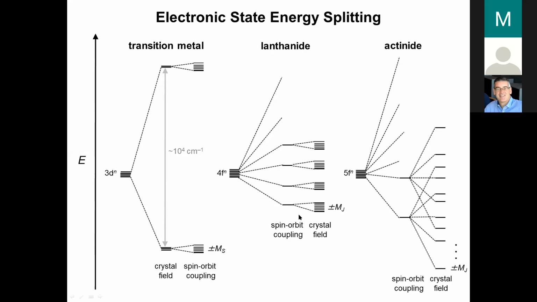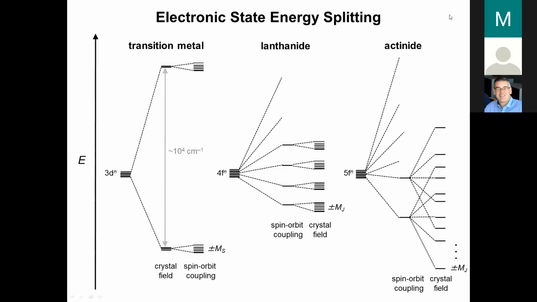As we move from 4f lanthanides to 5f actinides, the nuclei are even larger, which means that the spin orbit coupling is also more pronounced than for the 4f lanthanides. And as we learned and have recently seen, due to the increased metal ligand bond covalency, also the crystal field splitting is a lot more pronounced than for the 4f orbitals.